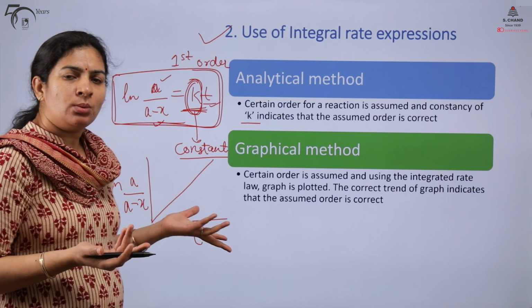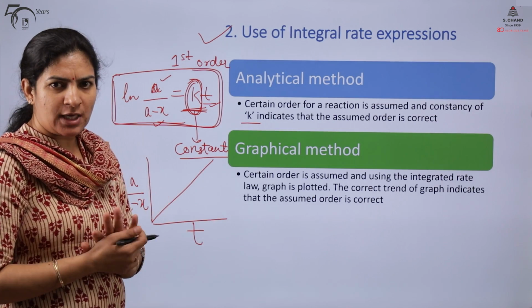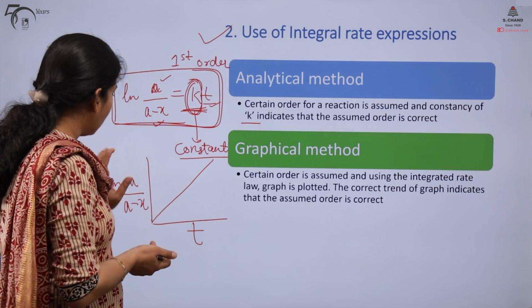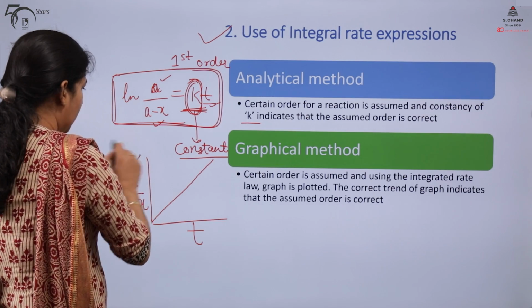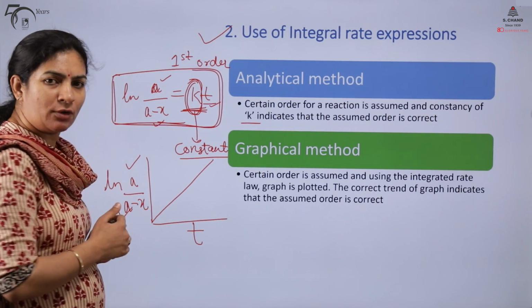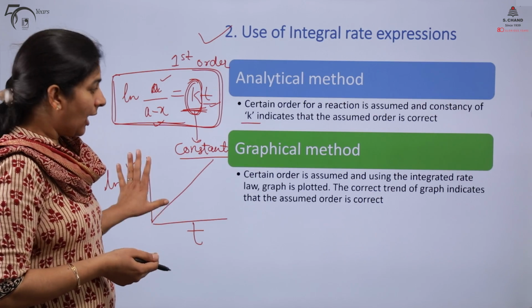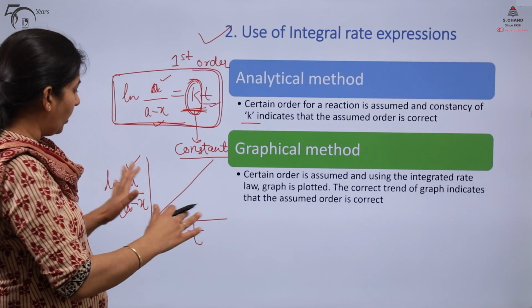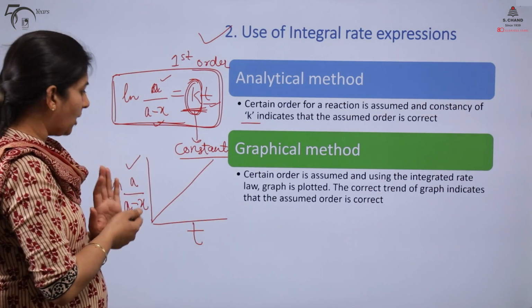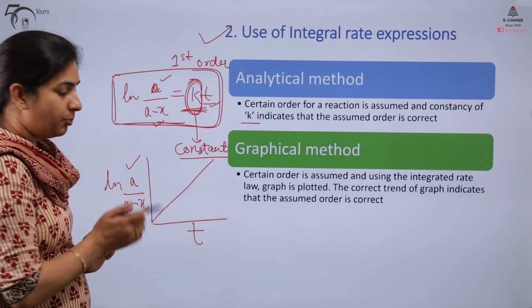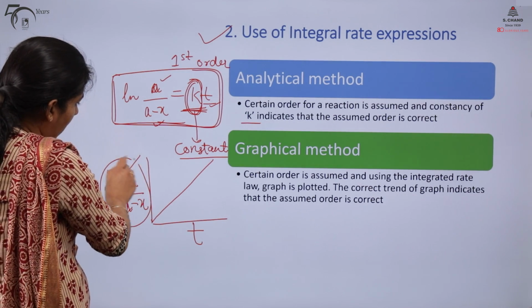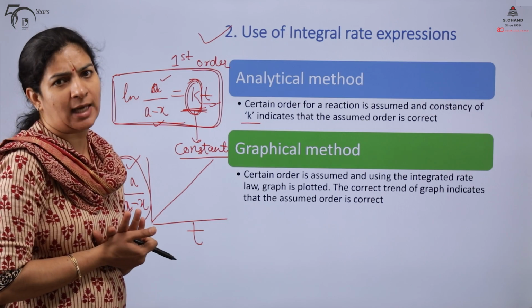So again what do I do? I assume the order of this reaction. I then calculate the concentration of the reactant at any point of time, and then I make a table wherein the concentration along with time are mentioned, and then I plot a graph between log of A upon A minus x versus time.